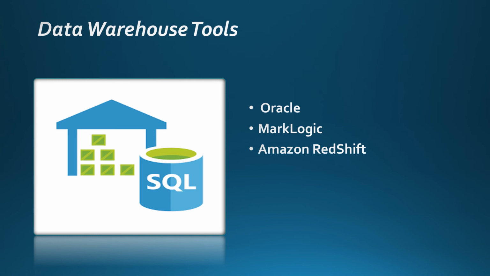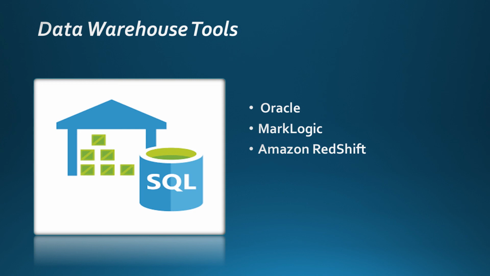Data warehouse tools. There are a lot of data warehouse tools, but I will talk about three of them: Oracle, MarkLogic, and Amazon Redshift. I will start with Oracle. It offers a wide range of choices of data warehouse solutions for both on-premises and in the cloud.